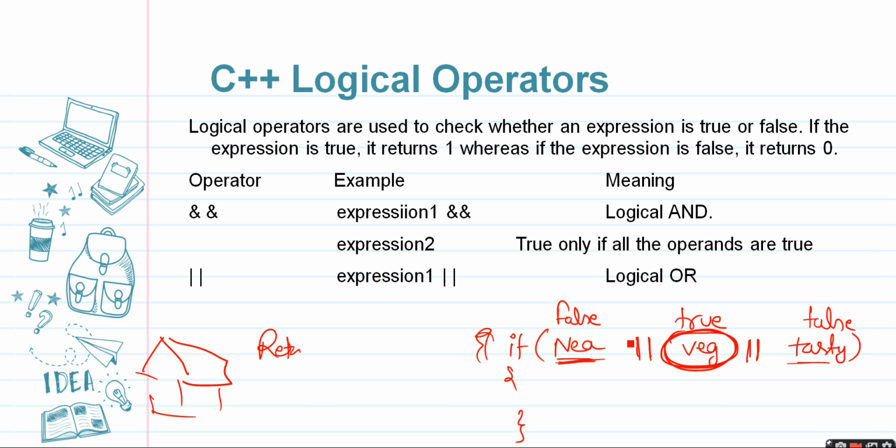If any one of them is true, then I'll go inside this restaurant. But in my previous case, all these expressions should be true, only then I will go inside the restaurant. Then instead of OR, I will apply logical AND. So it depends on the requirement.